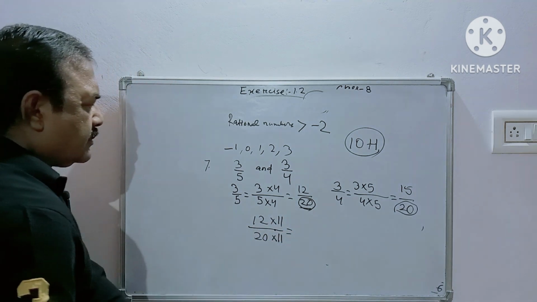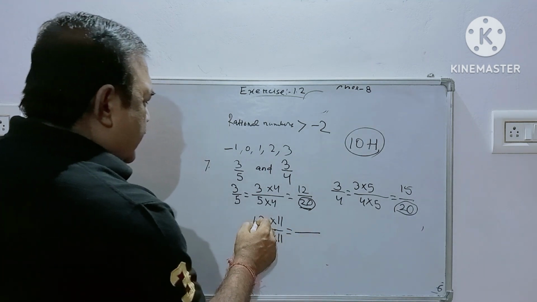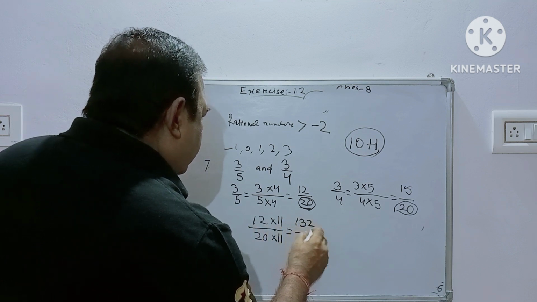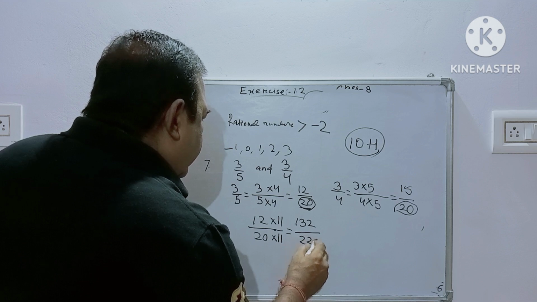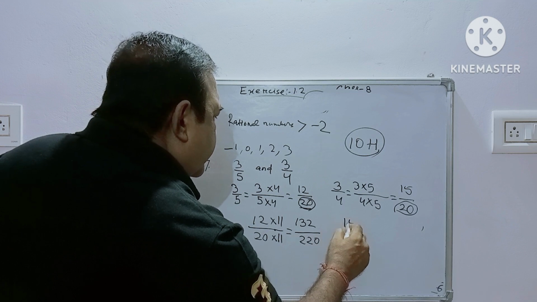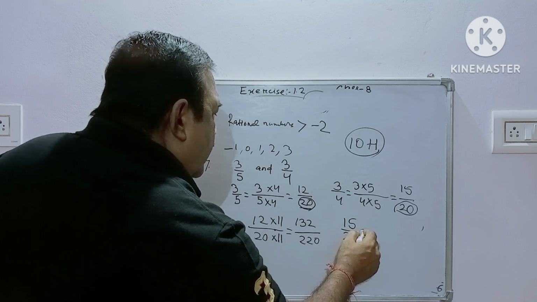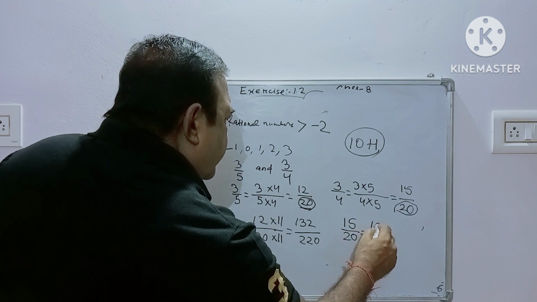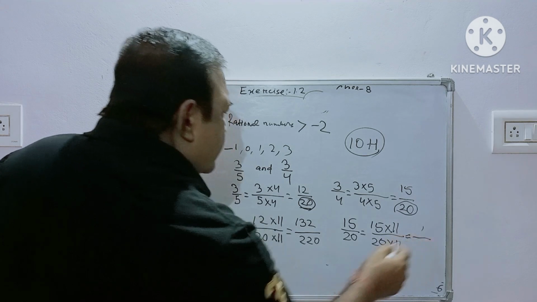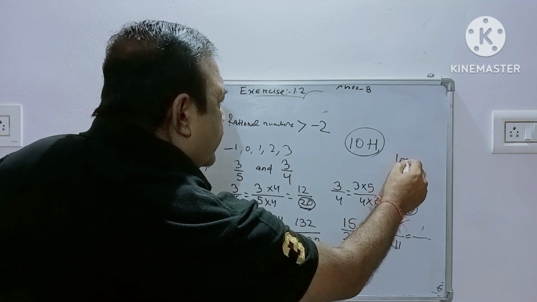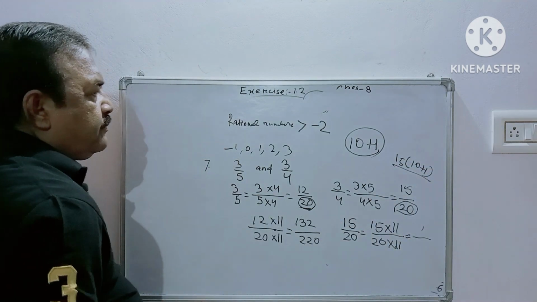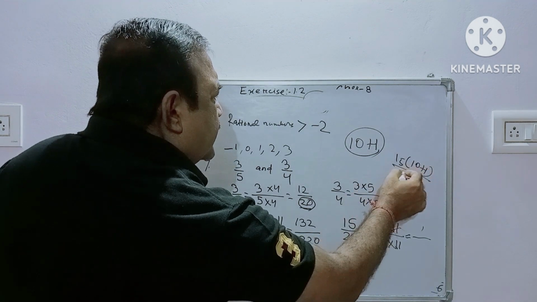What is the value? 12 tens are 120 plus 12, that is 132. Then the denominator: 11 twos are 22 and a 0 you place here, that is 220. Next, 15/20 is equal to 15 into 11 over 20 into 11. 15 into 10 plus 1, you apply the distributivity, the multiplication over addition property.